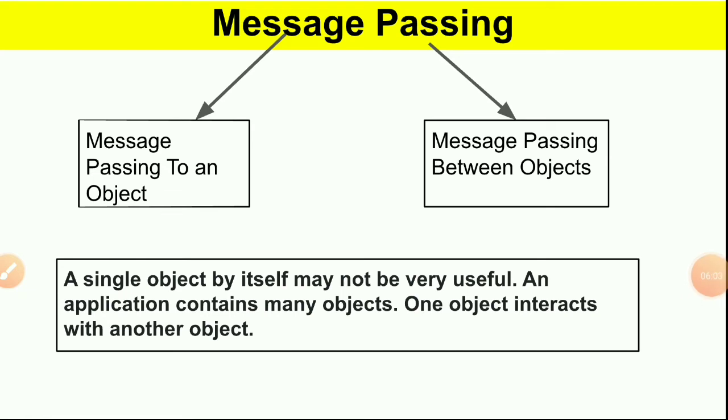Now the next topic is message passing. This is the last topic in our first chapter. We discussed while discussing objects that objects can communicate, isn't it? In real life also, objects are always communicating with another object. For example, if you have a bicycle at your home, it's an object.